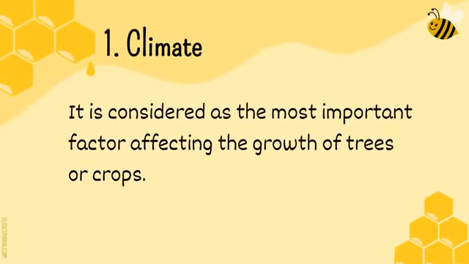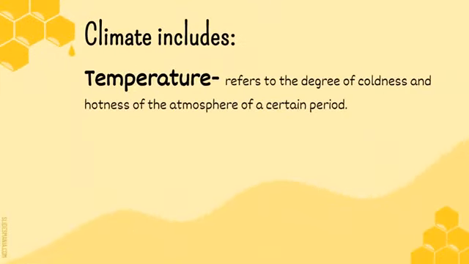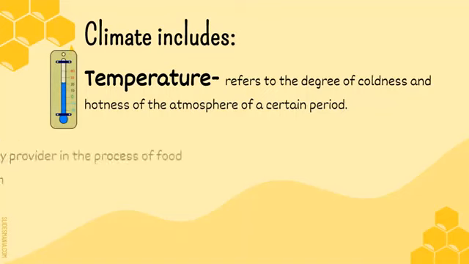Number 1, when you talk about climate, it is considered the most important factor affecting the growth of the tree or crops. Climate includes temperature. It refers to the degree of coldness and hotness of the atmosphere of a certain period.